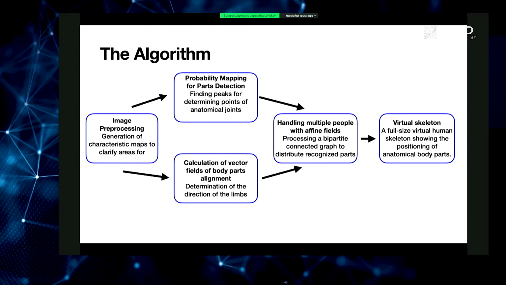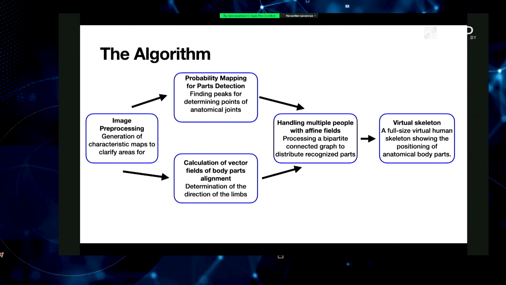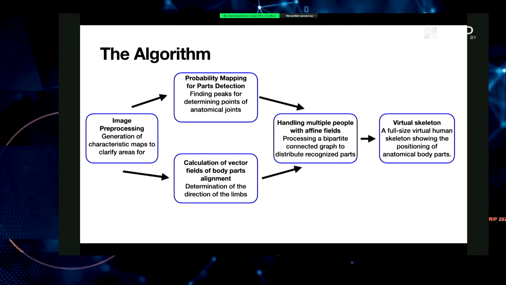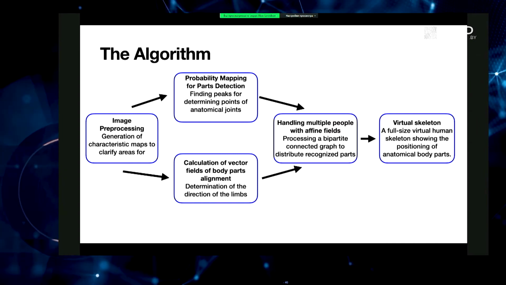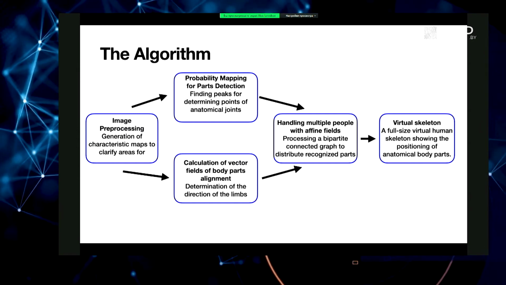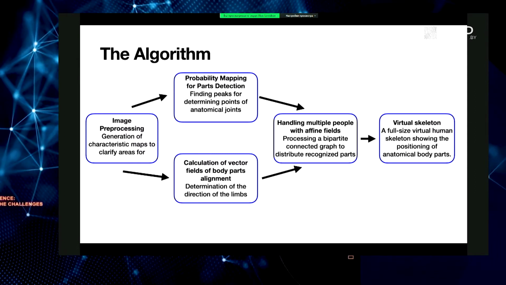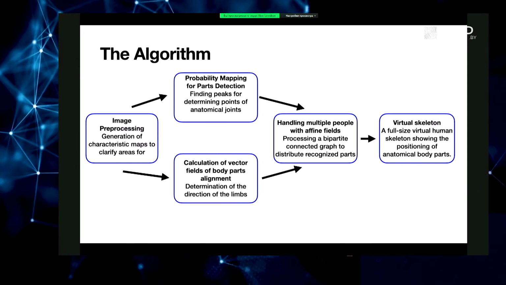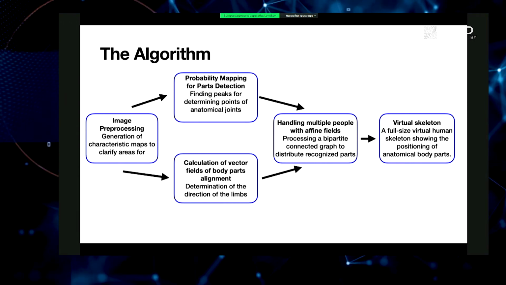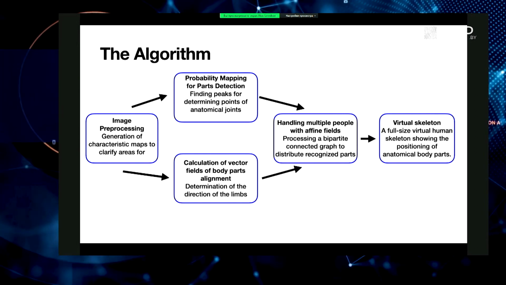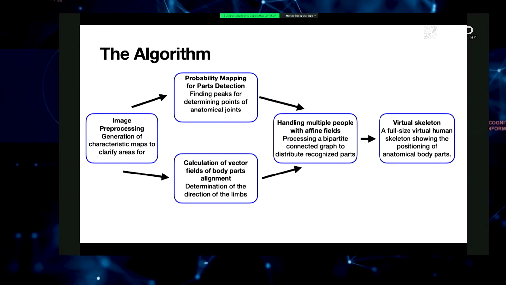Then there are two algorithms working in parallel, because first we have to detect body parts, and then we have to detect joints. And only after having body parts and joints together, we can try to measure them. And then we can try to understand which joint and which body part belongs to what person, right? Because, as we know, each person has two hands, two legs, one chest, and one head, right?